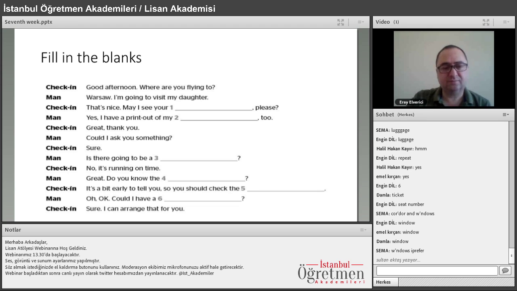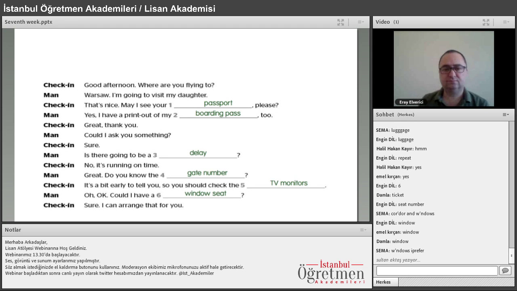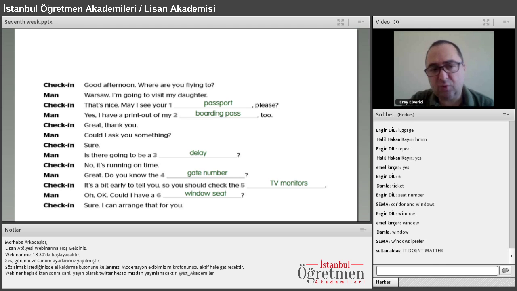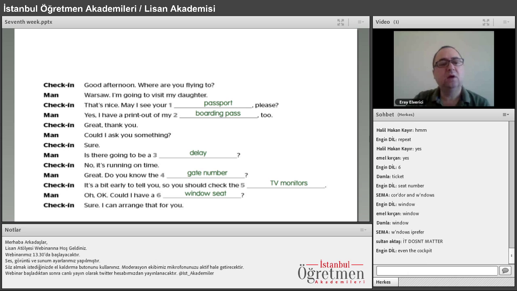Okay, let's check the answers. So number 1 is passport. Number 2 is boarding pass or ticket. Number 3 is delay. Number 4 is gate number. You were all right with this one.